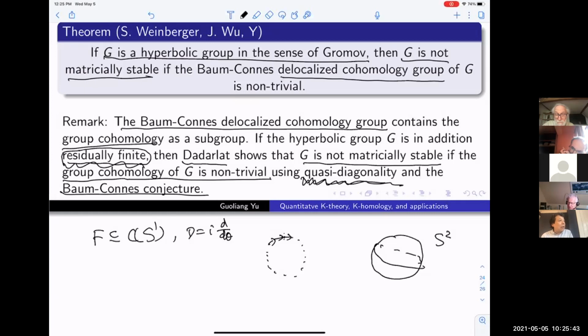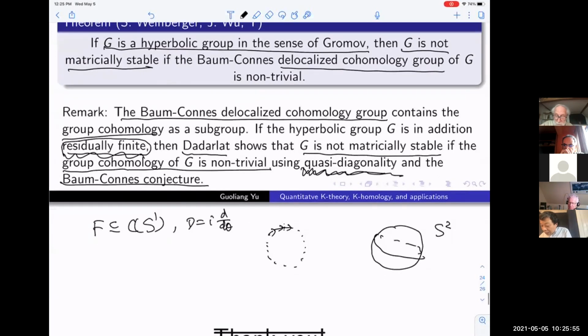It's not the original assembly map. It's restricted to this kind of controlled K-theory, controlled equivariant K-homology. But it feels like it can be there, right?